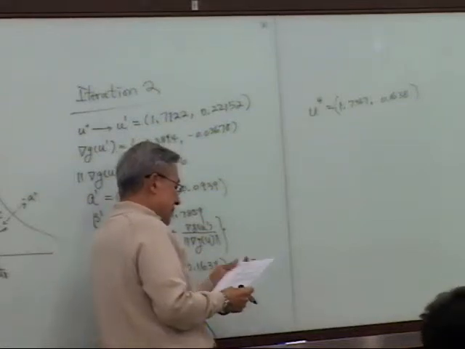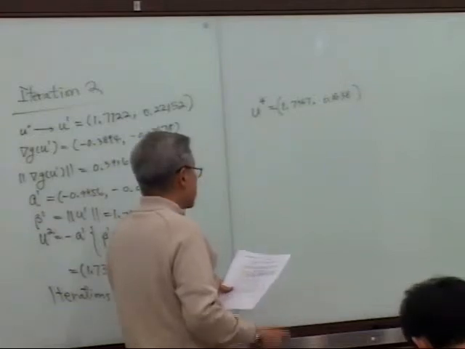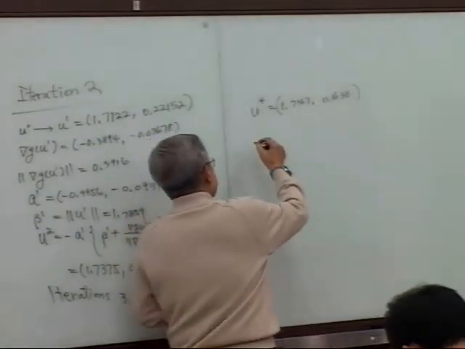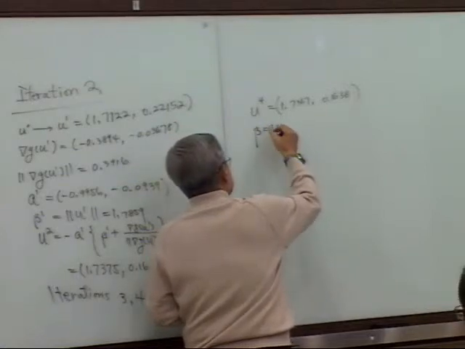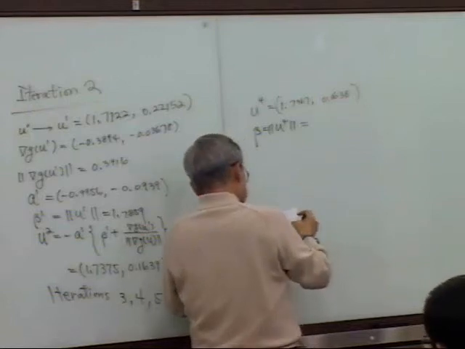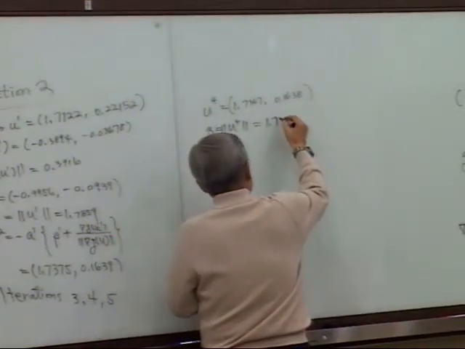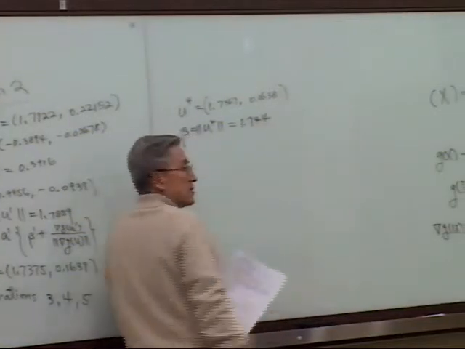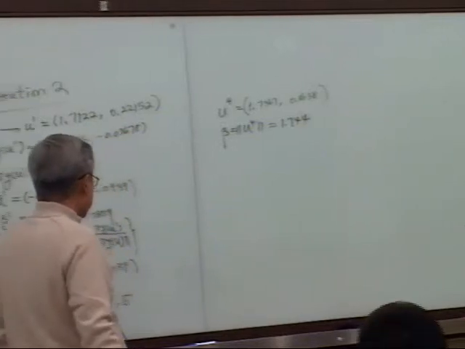So not many iterations are needed. Once you have that, you can compute the beta, equal to the norm of U4. If you do, this happens to be 1.744. So that's about the final.